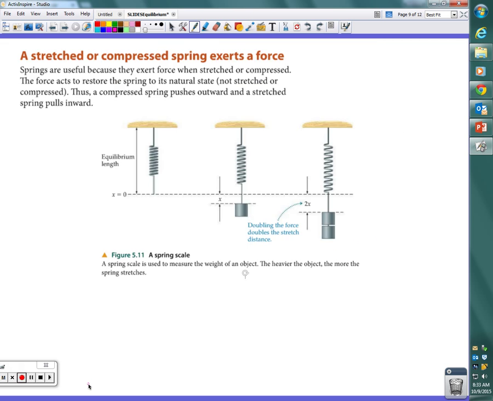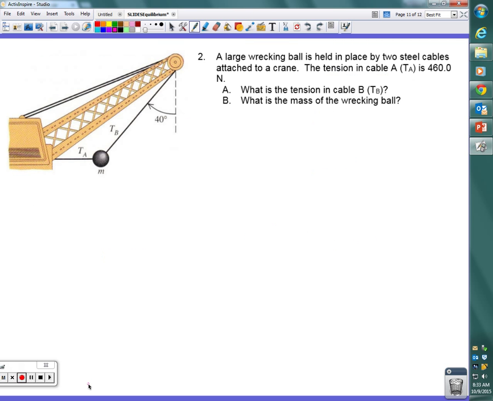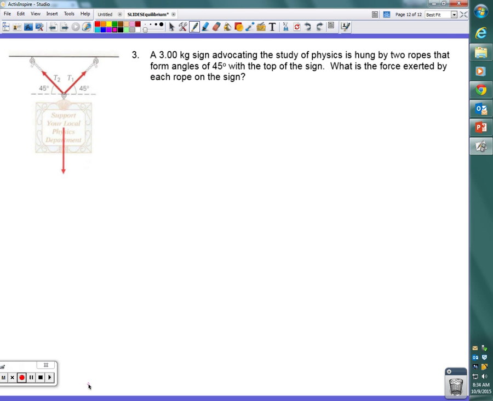The last page of your packet has several two-dimensional equilibrium problems. Question number 3 and number 4, one that starts with this sign hanging here, and then number 4 is the water skiers, or is it 2 boats pulling a water skier? Okay, very similar to the problems that we just did.